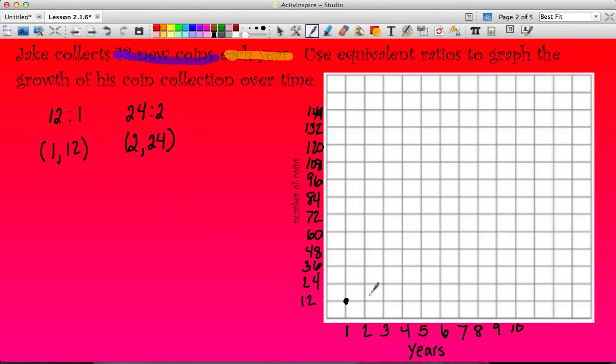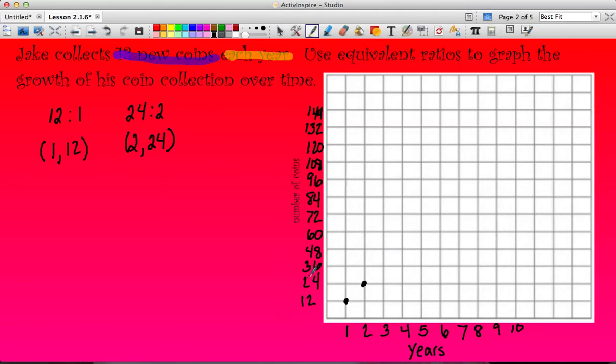So I go over 2 years and up to 24 coins. So I'm using these equivalent ratios to help me figure out what my ordered pairs are, and then I'm graphing them. Essentially, when you're making a graph, you're just making ordered pairs in just quadrant 1, typically.